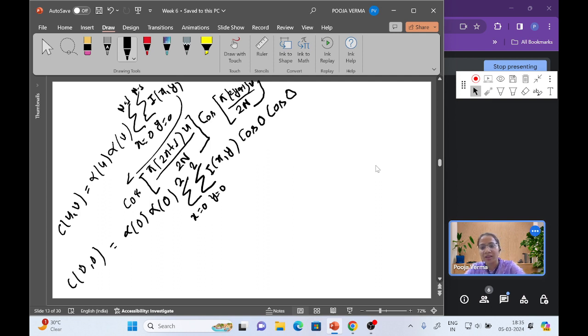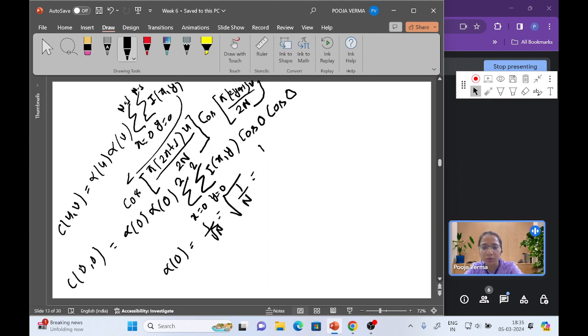Yeah, correct. And what is the value of alpha 0 and alpha? First we need to find out alpha 0. So that is 1 by root n for n equal to 0, or you can say u or v equal to 0, 1 by root n.